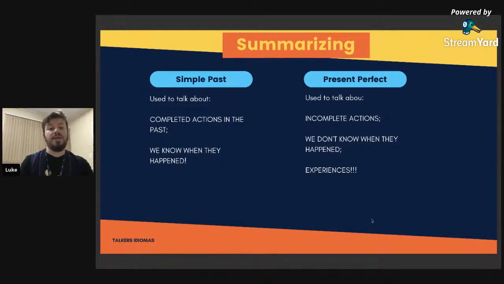We don't know when they happened, and we can also use the present perfect to talk about experiences.